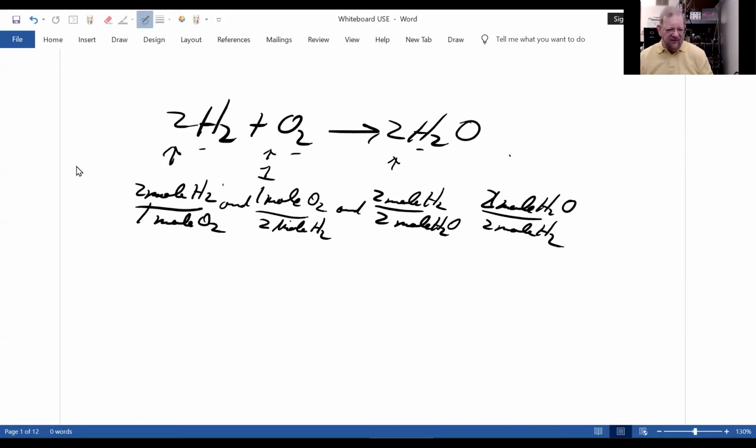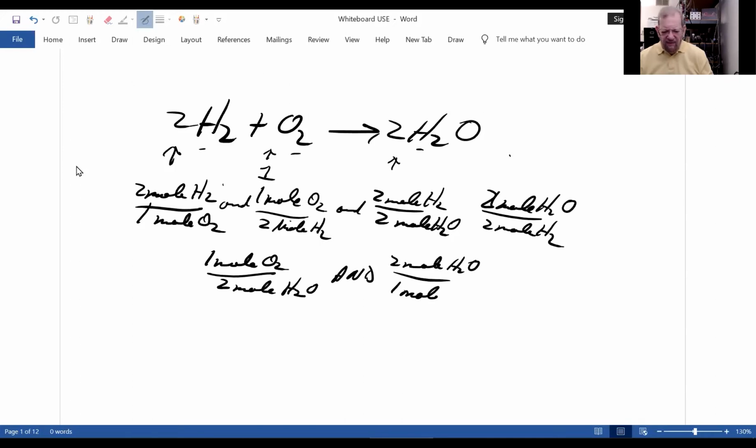And finally, the last relationship between oxygen and water: for every 1 mole of oxygen, I make 2 moles of water. And for every 2 moles of water I make, I need 1 mole of oxygen.